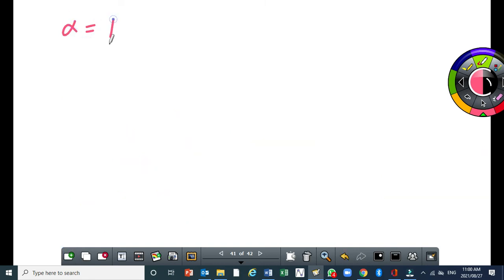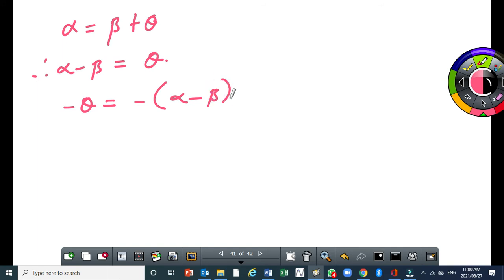Alpha is equal to beta plus theta. Therefore, alpha minus beta is equal to theta. But check this. If I want to swap these two, this is a binomial, so I can write it as minus theta is equal to minus alpha minus beta.